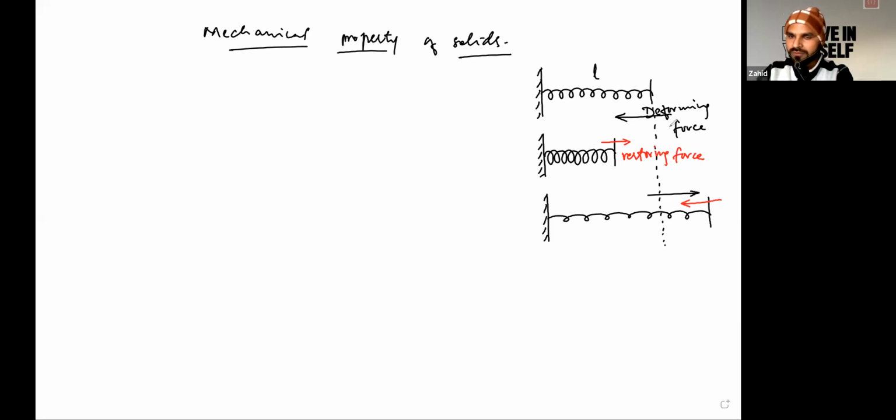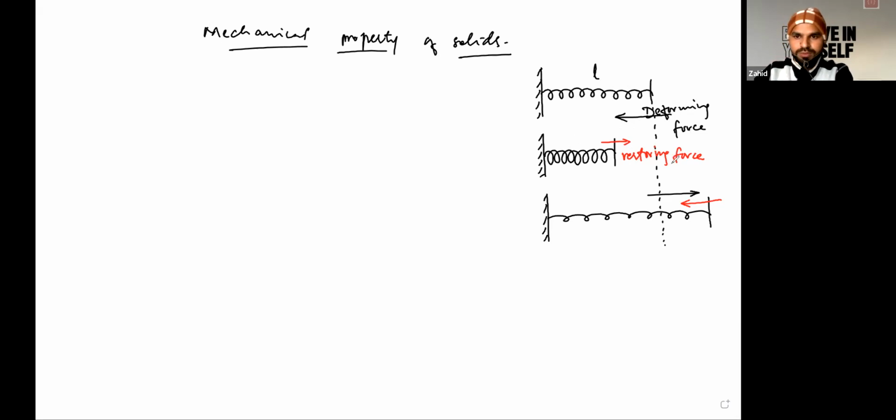First is the deforming force, which is responsible for deforming the shape of an object. Here it deforms the length of the spring, by which a force gets developed in it, which tends to bring the spring back to its original state.